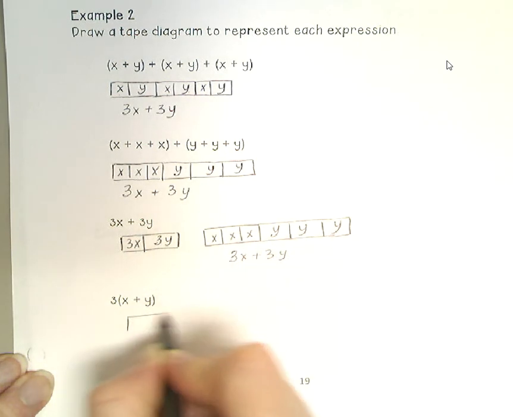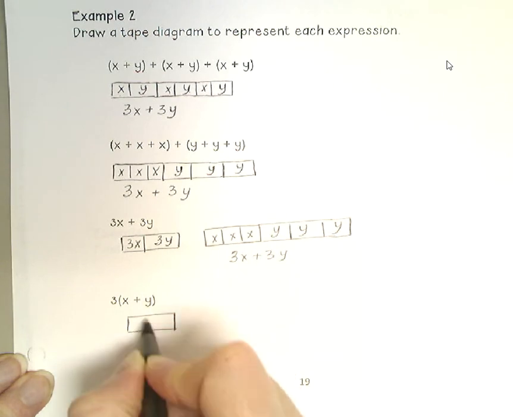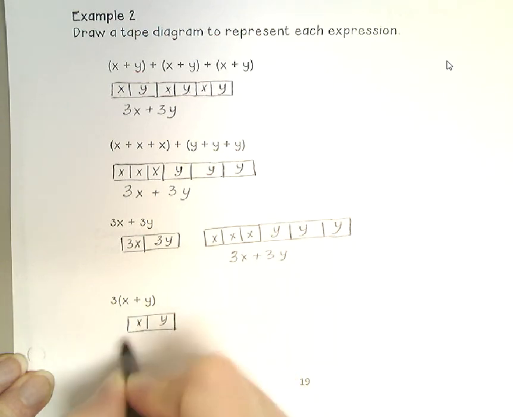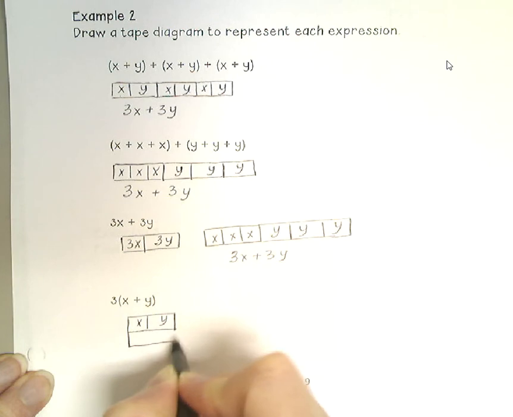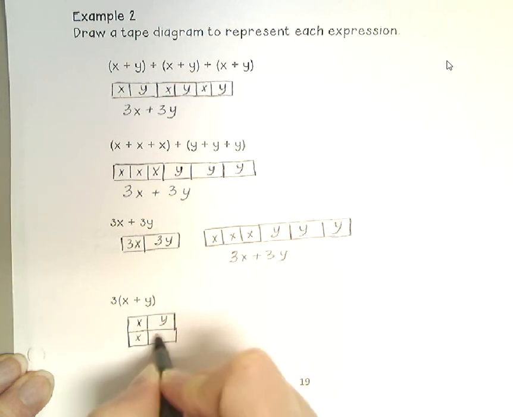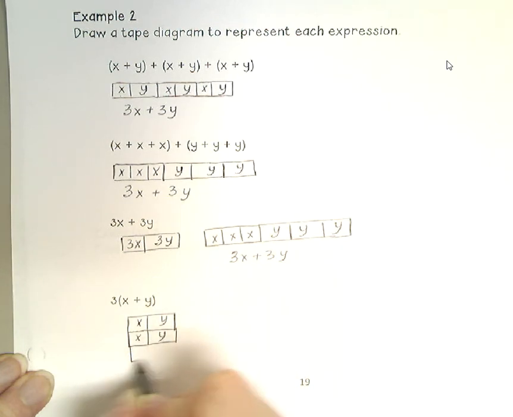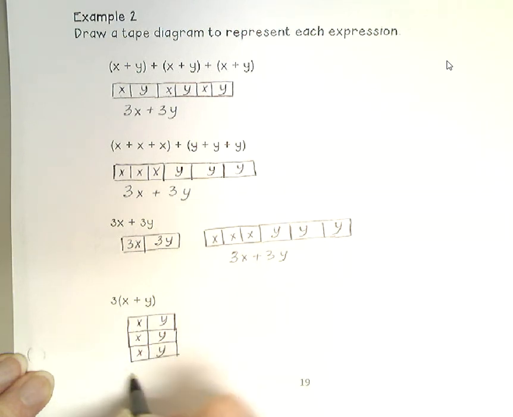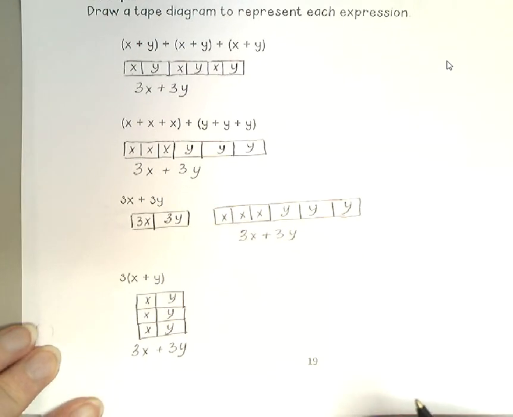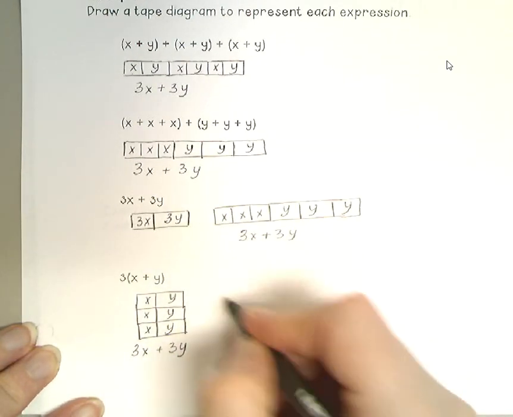So I have x plus y, x and y, and I have 3 groups of them. I also have 3x plus 3y. Exact same thing. So which way is more efficient? Sorry, I can have another one.